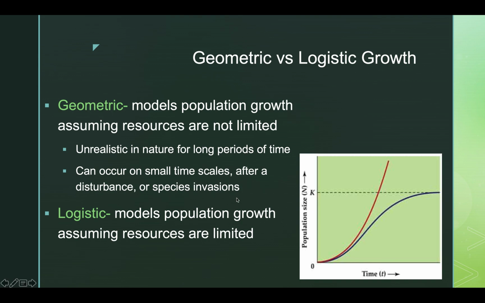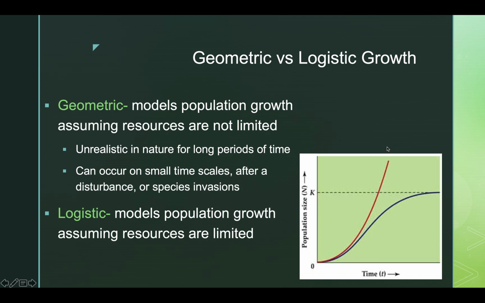Right around the middle here, if you can see my cursor, is the fastest rate of growth. The slope is the greatest right here. But then as it starts to grow, you can see how the resources begin to limit how fast it can grow, and it starts to flatten out, right?